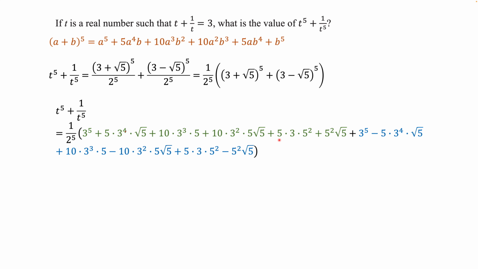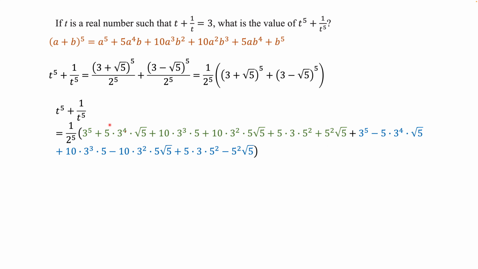The blue terms are from the second parenthesis. But now something interesting happened here. You find that some terms we see twice, some terms we actually see with the opposite sign, so they're going to cancel. For example, 3 to the 5th green, 3 to the 5th blue. We add them up.